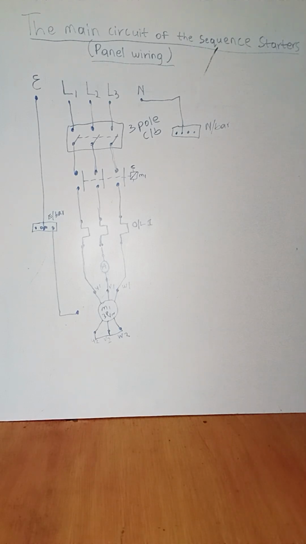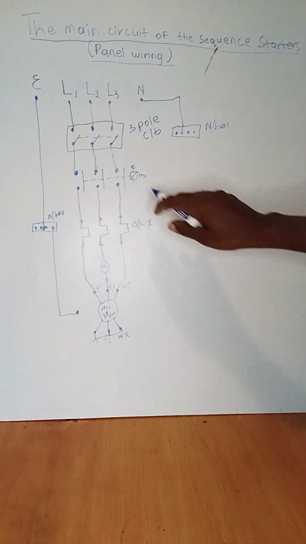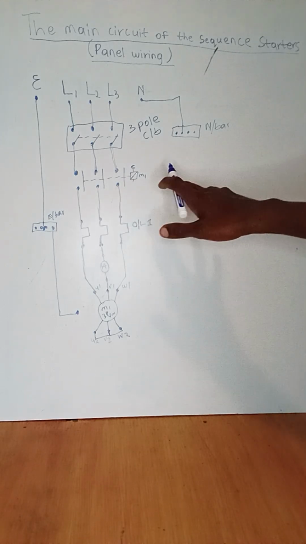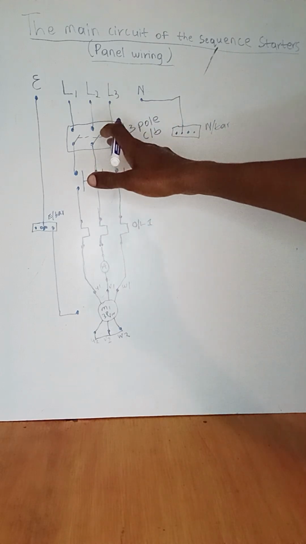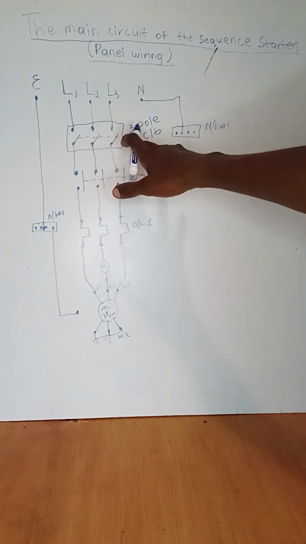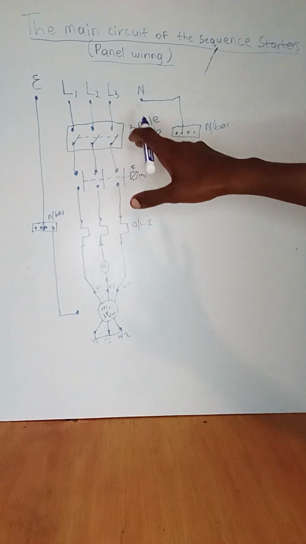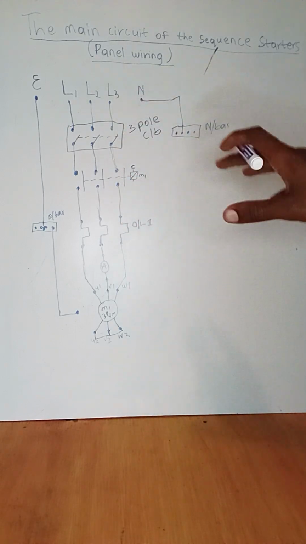So from the connection of motor 2, we will start with the contactor. The reason why we will start with the contactor is because motor 1 and motor 2 will both depend on the triple circuit breaker, which means they will both use the triple circuit breaker.